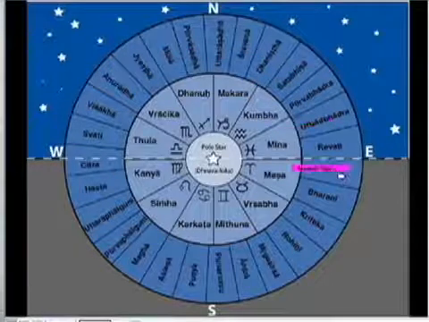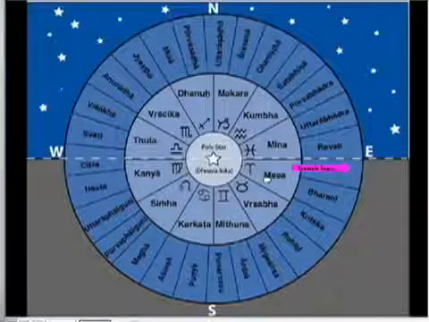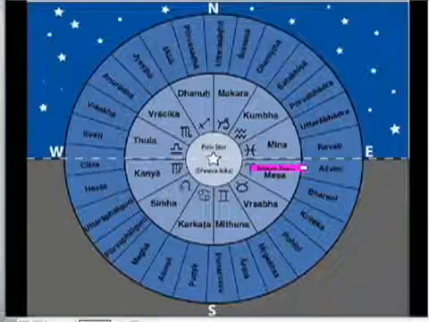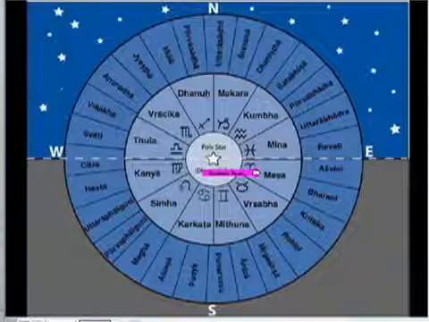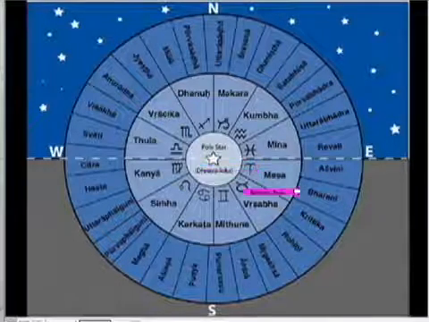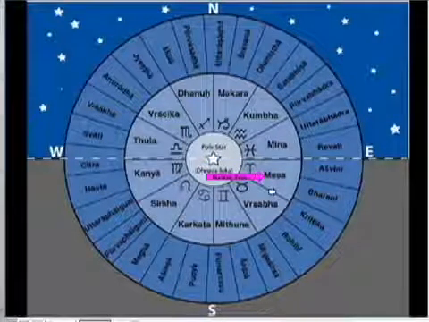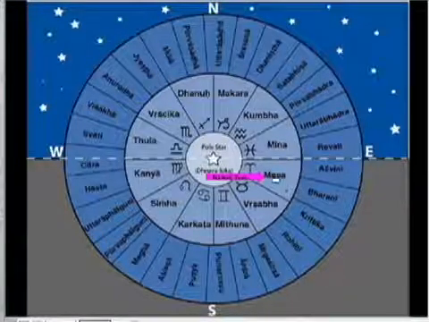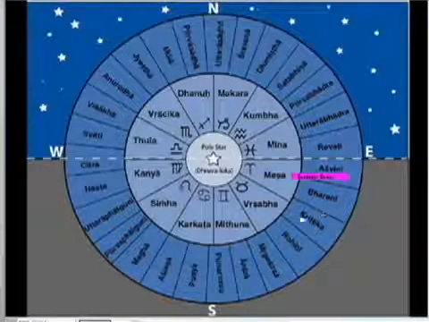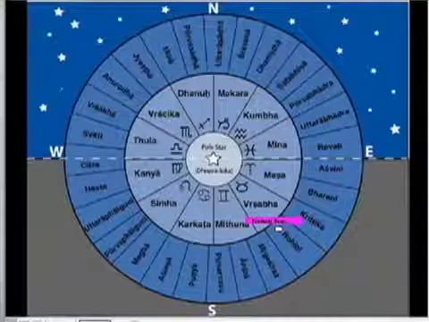In other words, they're always in the same position in relation to each other. Ashwini Nakshatra is always next to Mesha Rashi, and Bharani Nakshatra is always next to Mesha Rashi, and so on. The signs and the nakshatras are in a fixed relationship with each other.